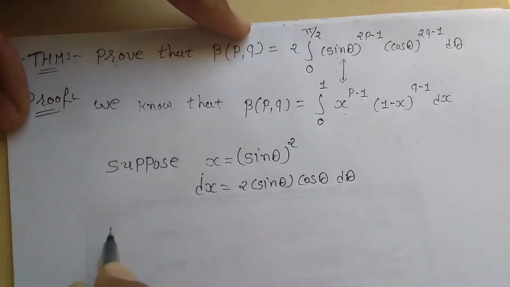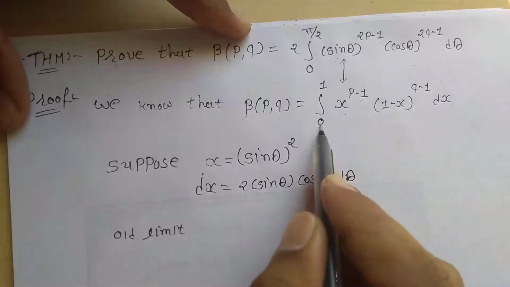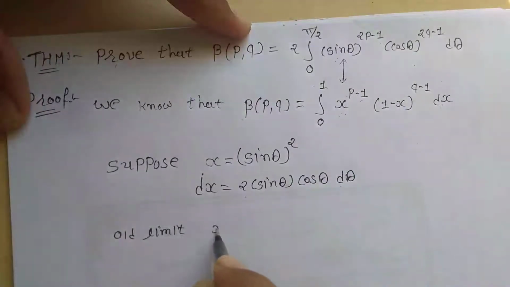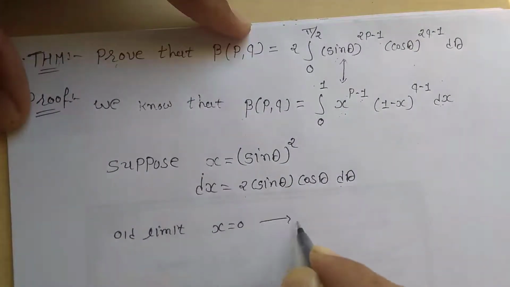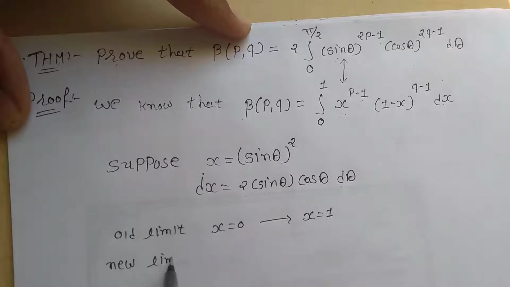Now change the limit. Our old limit is x equal to 0 to x equal to 1. Now find the new limit. How to find the new limit?